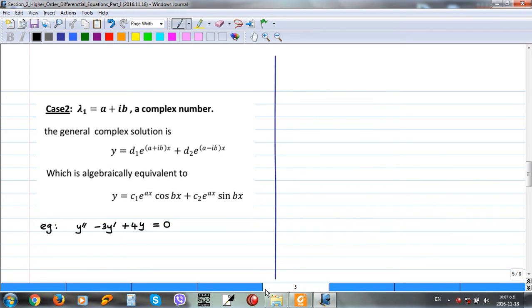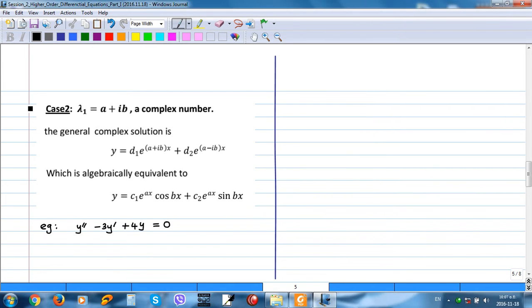So the next one, case 2, is lambda 1 equals a plus ib, a complex number.